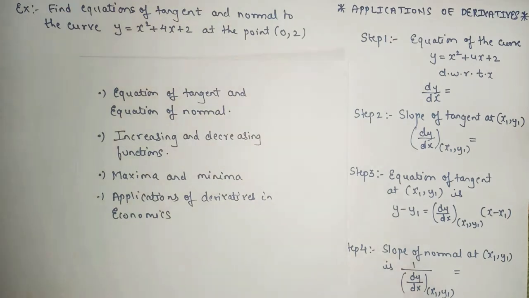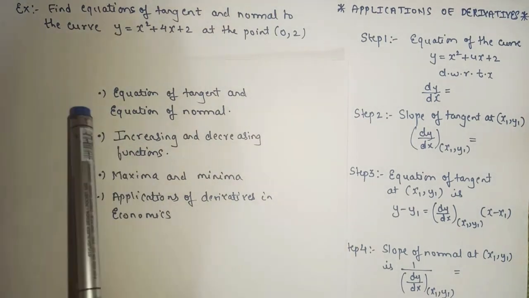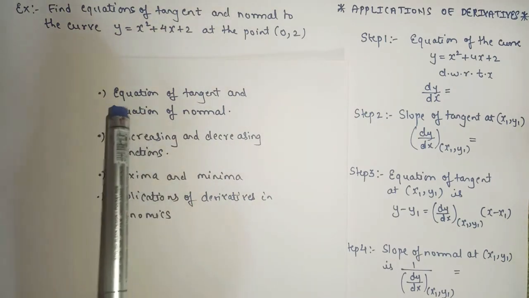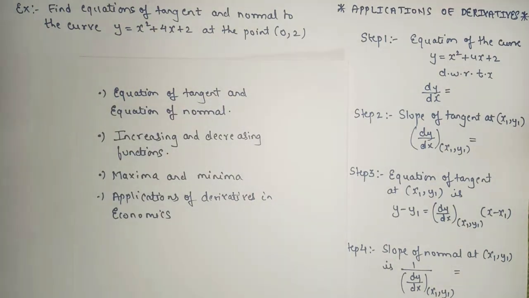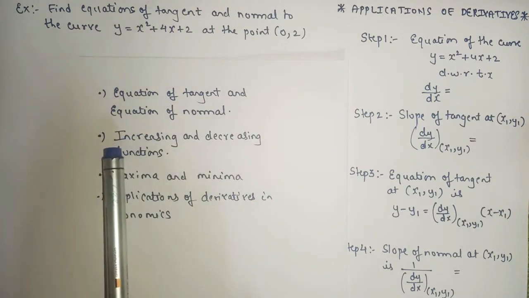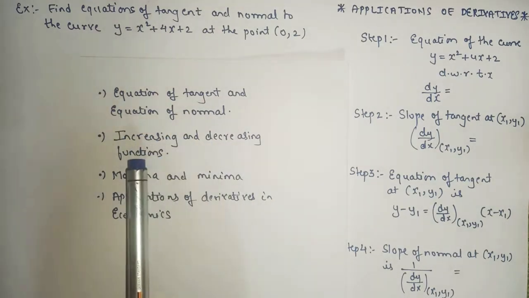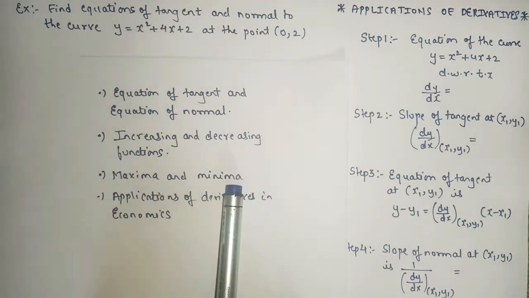Chapter number 4 contains 4 exercises. Your first exercise is based on finding the equation of tangent and equation of normal. The second exercise is based on increasing and decreasing function. Your third exercise is based on maxima and minima.